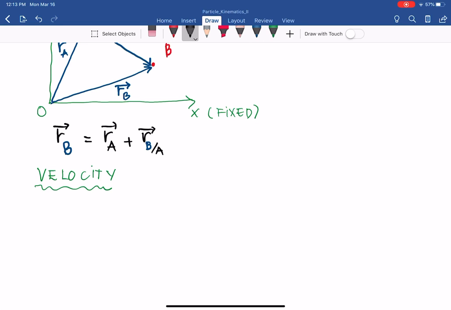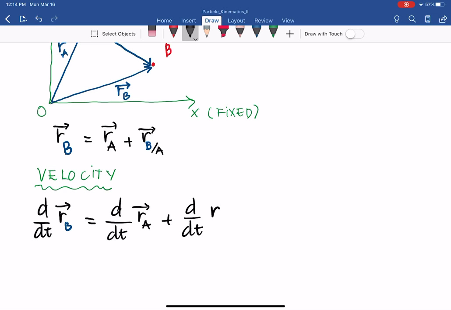If we have that equation, let's take d over dt of RB, we have d over dt of RA plus d over dt of the vector from A to B.